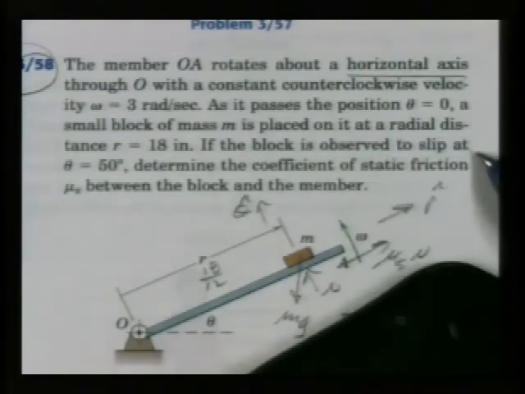The block is observed to slip when it gets to 50 degrees, but it's in rotation, so it's actually got some significant motion. So when it gets up to 50 degrees, it is observed to slip. Determine the coefficient of static friction between the block and the member. So I've drawn pretty close to a free body diagram there, and we'll put that up on the board again.